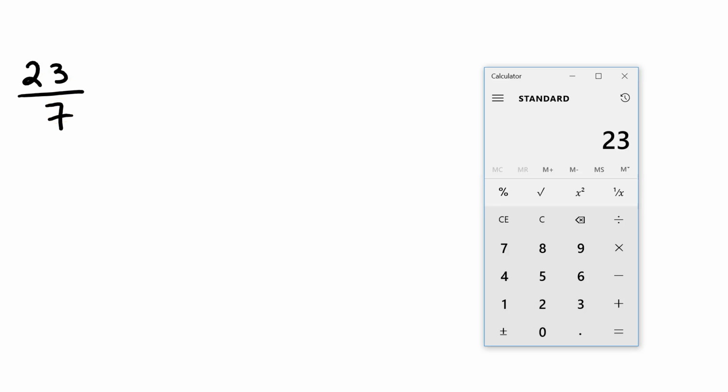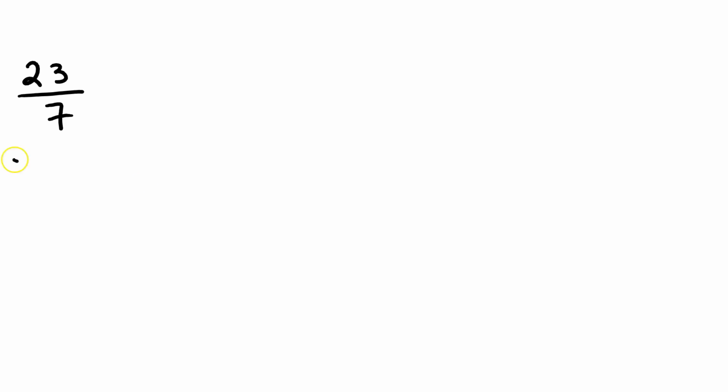Let's do another example, like 23 over 7. First things first, divide the numerator by the denominator. 23 divided by 7, so my big number out in front is going to be 3. 3 times 7 is 21.